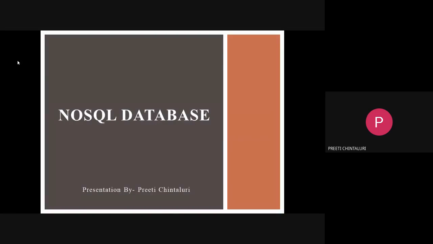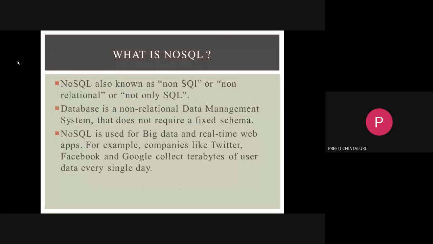Good morning, everyone. My topic for the presentation is NoSQL database. Sometimes the term NoSQL seems to be confusing, but actually the meaning of NoSQL is not only SQL, which is also known as non-SQL or non-relational. This is a non-relational database management system that does not require a fixed schema. As we can see, in a relational database we need a schema.